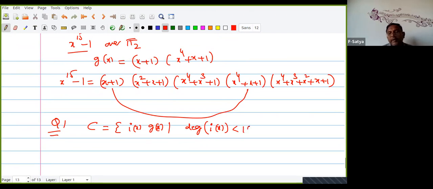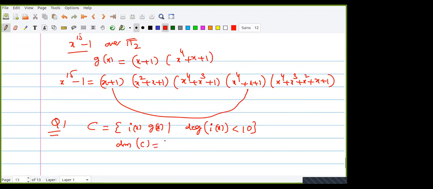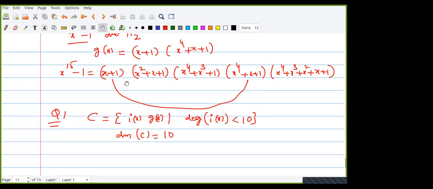So these are polynomials, degree at most 9, but remember there is a constant term. So what is the dimension of C? 10, correct. Dimension of C is 10. Wonderful.